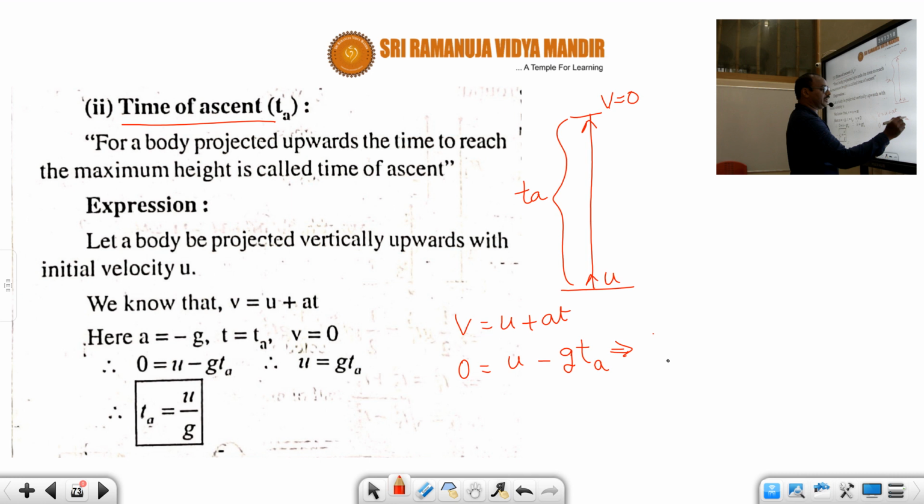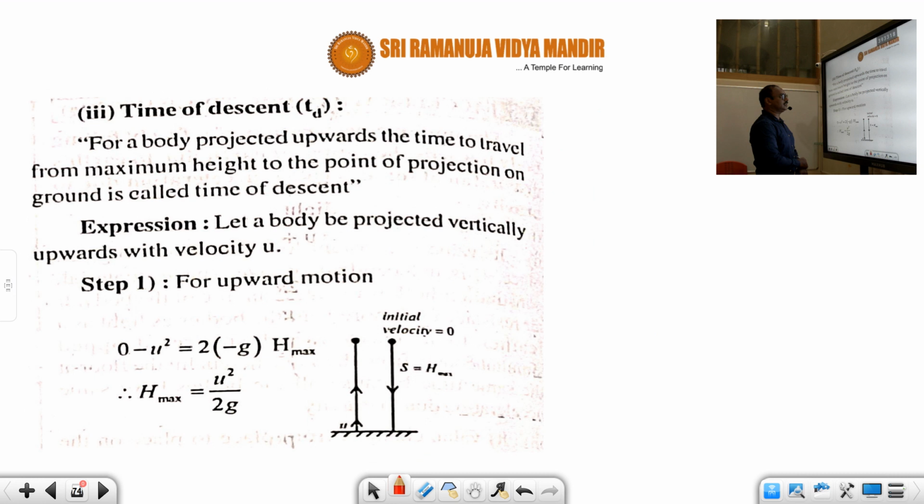Now coming to the time of descent. Time of descent is the time taken to reach the point of projection. Say for example this is the point of projection, and the object is thrown vertically upwards. In this manner the object is going and again returning along the same direction.